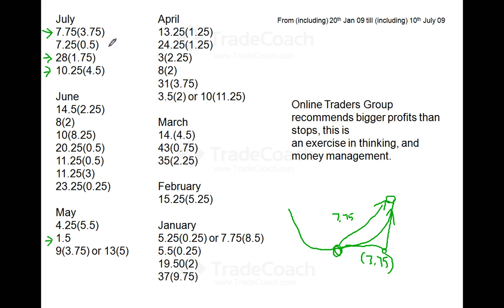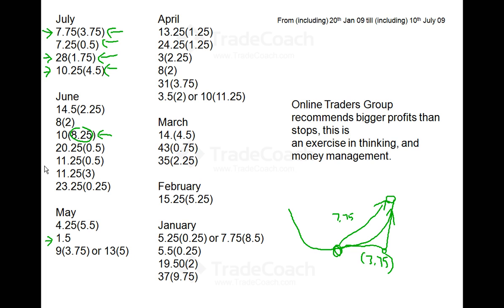And then you look at your stop and you say, if I had a 5-point stop, then all of these would be allowed through. So that's fine. But a 5-point stop would be stopped out here because here I needed an 8-point stop. So you look at the profit side, the stop side, and you work it out. So everyone's familiar with that?